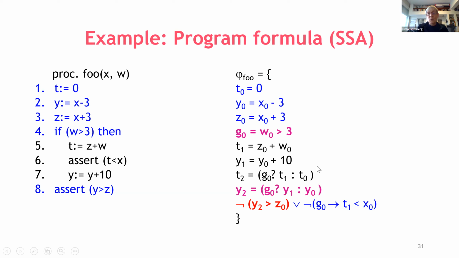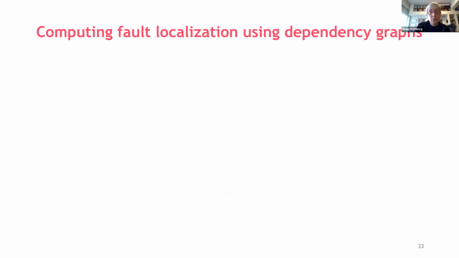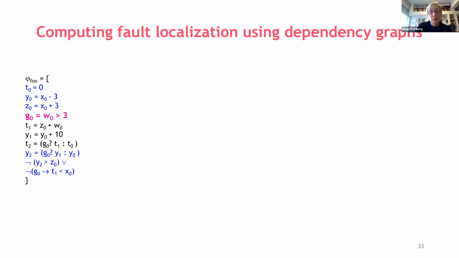So we see that again, every assignment gets its own index, and this way, when we check which commands cause y to not be greater than z0, we have it more precise, because we can know that this depends on y1 and not, for instance, on y0 and so on.